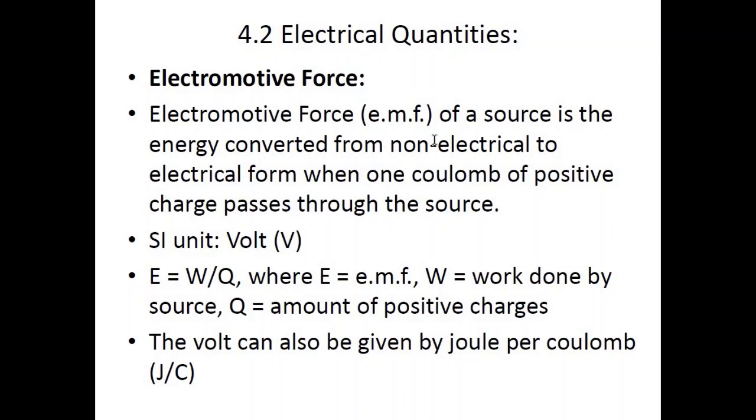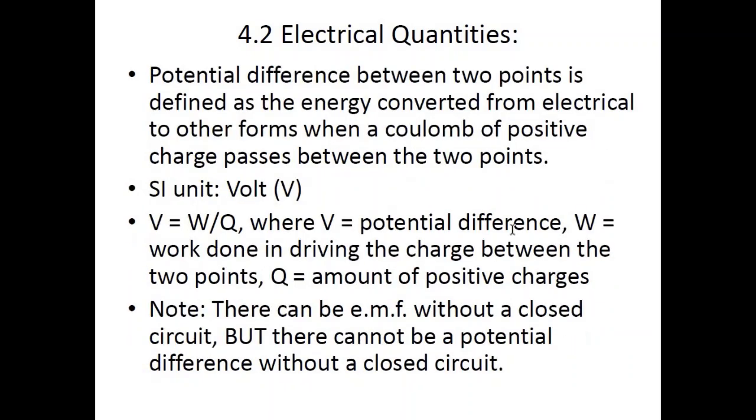Q is the amount of positive charge and W is the work done. The volt can also be given by joule per coulomb, but that unit is rarely used, and volt is the common unit.